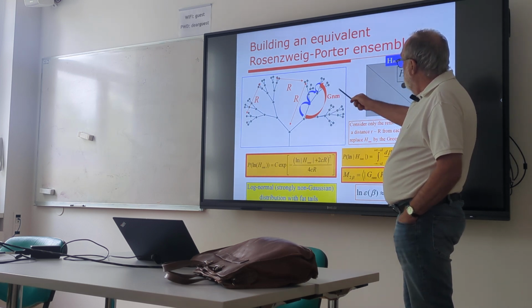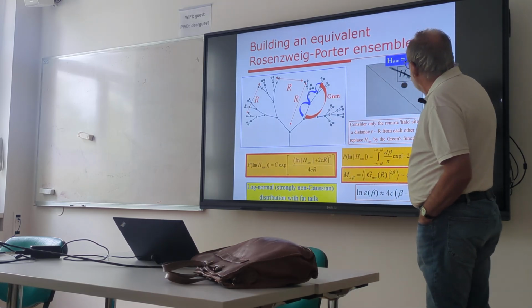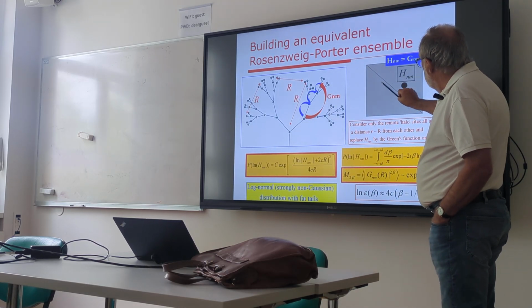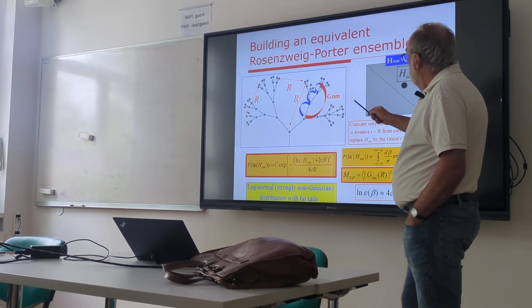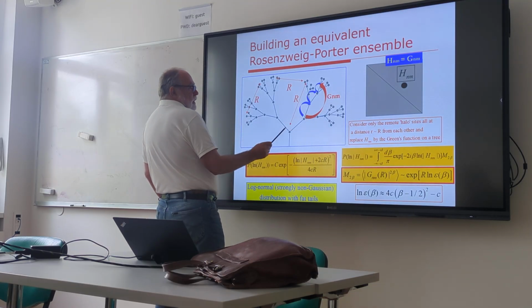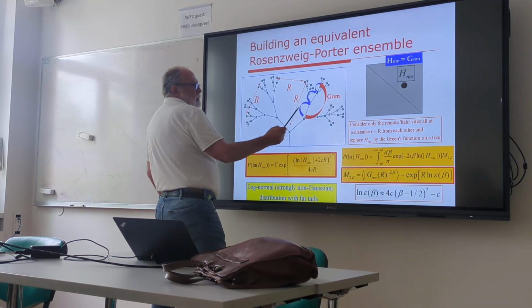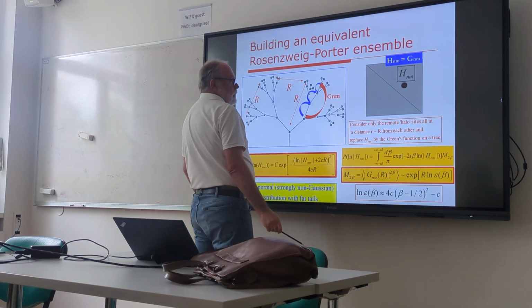But since most of the sites are at large distances, then in this Rosenzweig-Porter, I think of these sites n and m as sites only at large distances. But the information of small distances is encoded in the statistics of the matrix element.